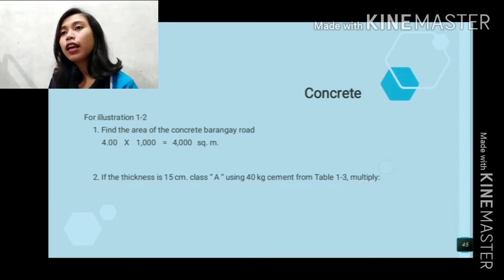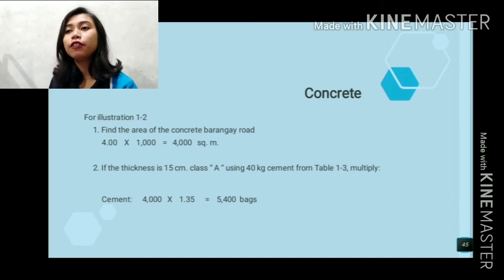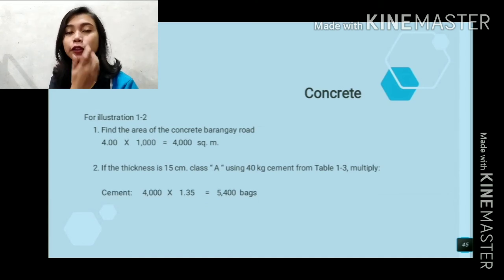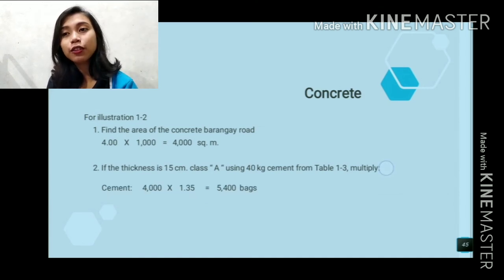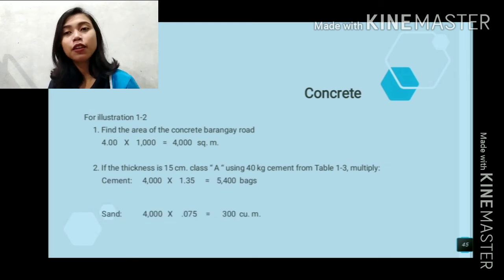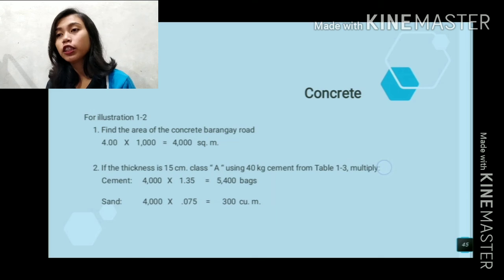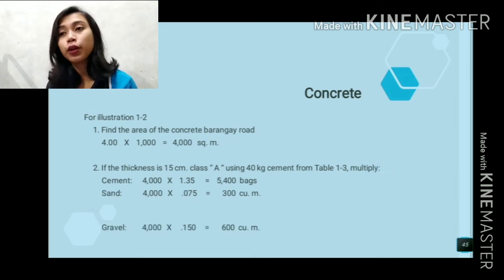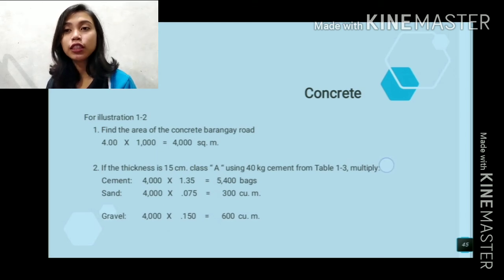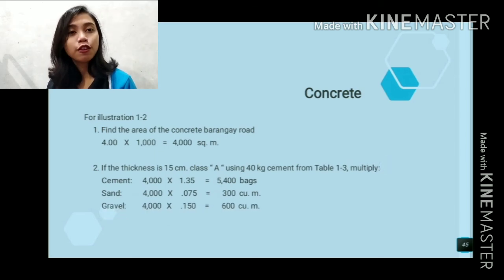Number 2, if the thickness is 15 centimeters, Class A using 40 kilogram cement referred from table 1 to 3, then we'll multiply first the cement, which is 4,000 square meters multiplied by 1.35, which is equal to 5,400 bags.